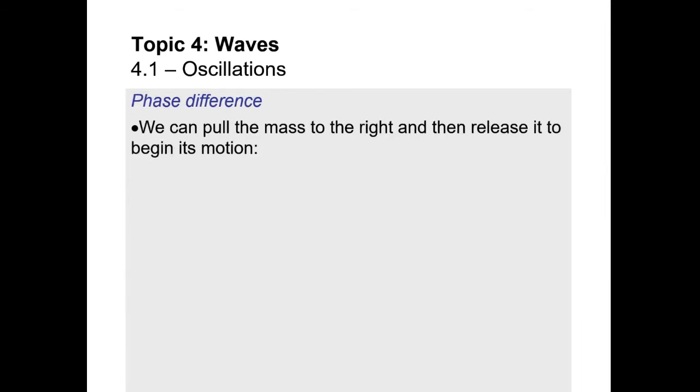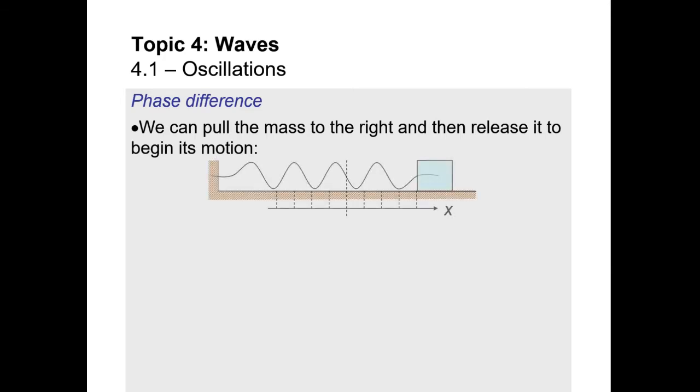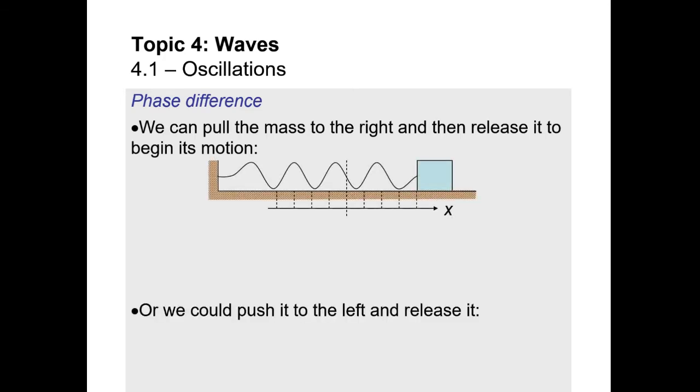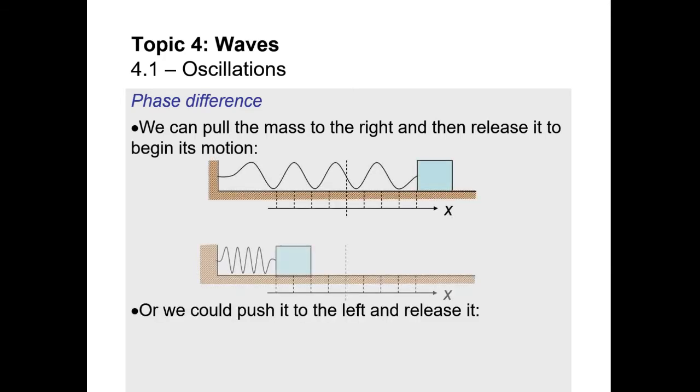Phase difference. We can pull the mass to the right and then release it to begin its motion, or we could push it to the left and release it, like this. Both motions would have the same value for period and frequency. The first one starts stretched, the second one starts compressed, with the same period and frequency.